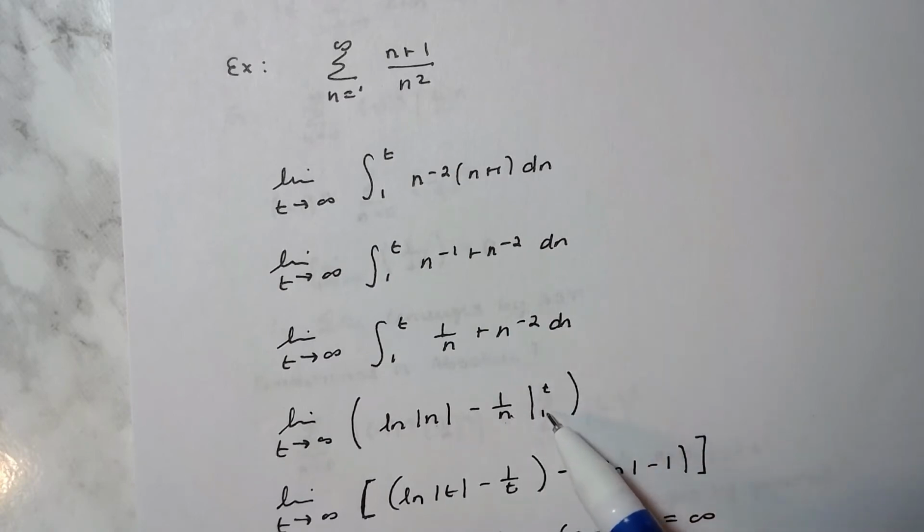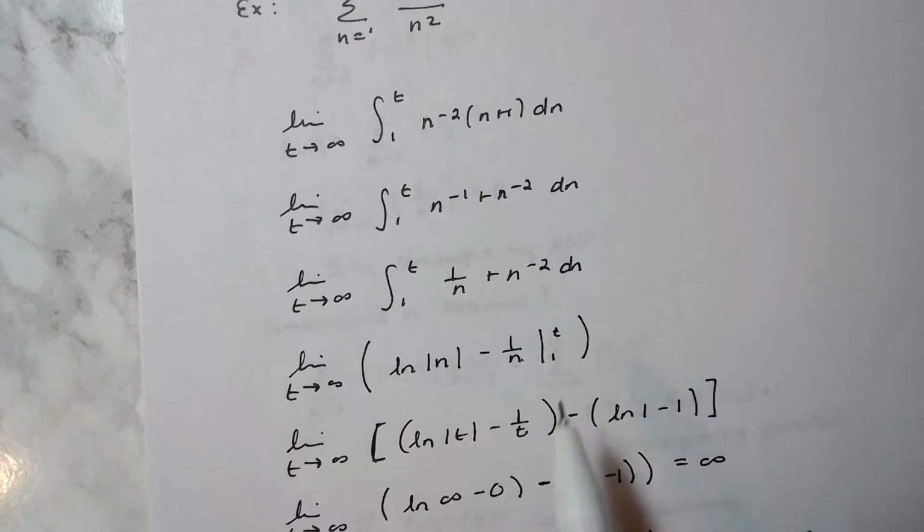And I have to evaluate it from 1 to t. And I went ahead and I plugged my t in here. And don't forget, you also have to plug your 1 in, so it's f of b minus f of a, fundamental theorem of calculus. Now, the natural log of 1 is 0, and the negative of a negative 1 is going to make that a positive 1, but as you should already see, when we plug infinity in here, that's going to blow the whole thing up.